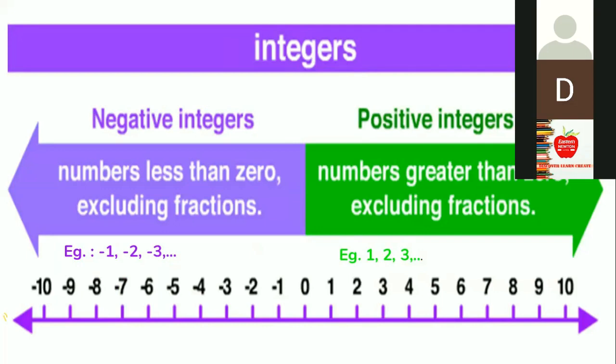If we move towards the left side, the value becomes smaller and smaller. The value keeps decreasing as we move left. In the same way, the value increases as we move to the right side, again and again.